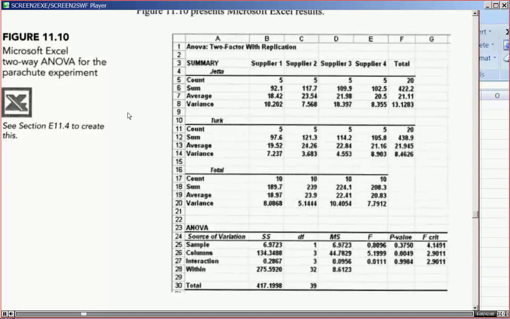This is the two-way ANOVA summary table. This is two-factor with replication. This is what we're going to pick from the menu in the data analysis toolpak. Let's do that.